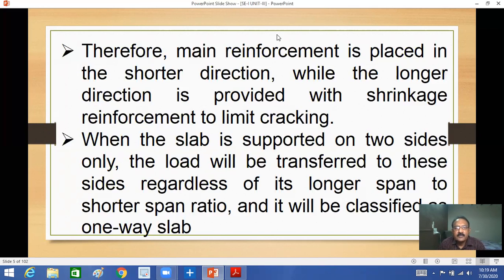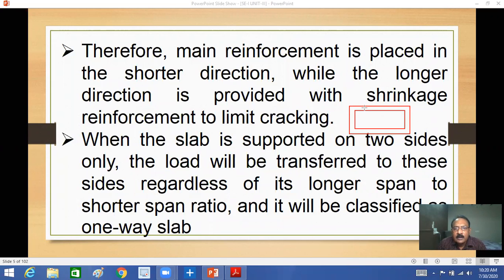See here, for example, this is say 6 meters and 2 meters. 6 by 2 meters, that is 3, so it is greater than 2. It's a one-way slab.